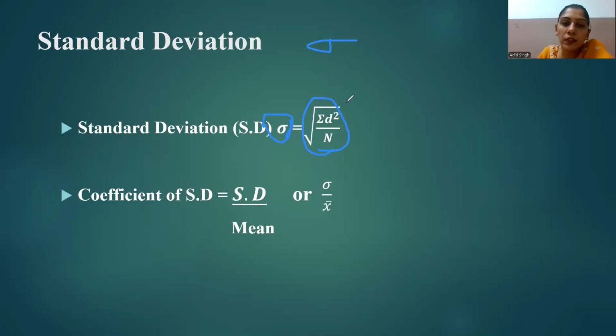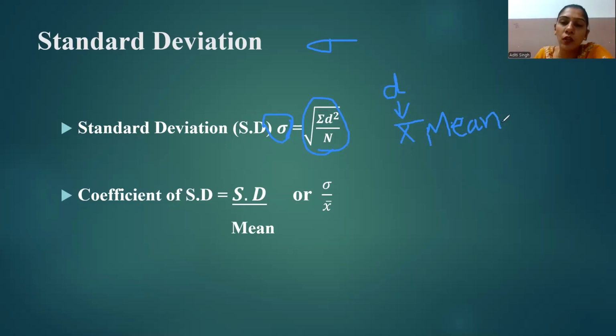As you can see in this formula, there is an under root of sigma d square divided by n. For this, we first have to calculate the value of d. The value of d is calculated with the help of mean.